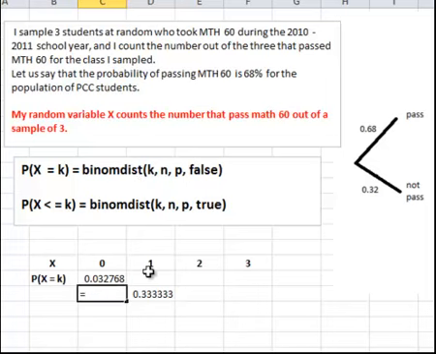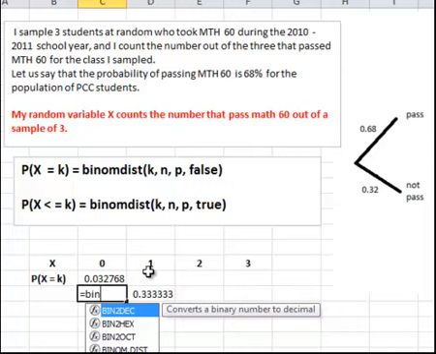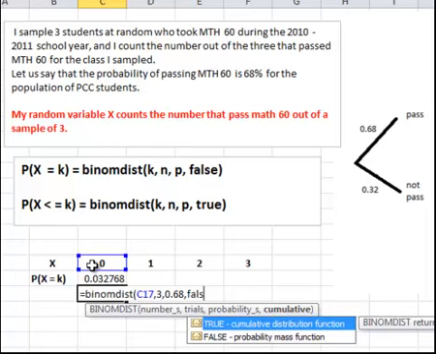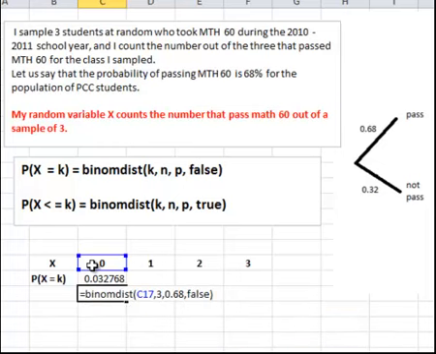So it's equal to binomdist. Enter that value. My sample size is 3. Probability of success is 0.68. And false. So I'm counting the number of students that pass. And there is my value.